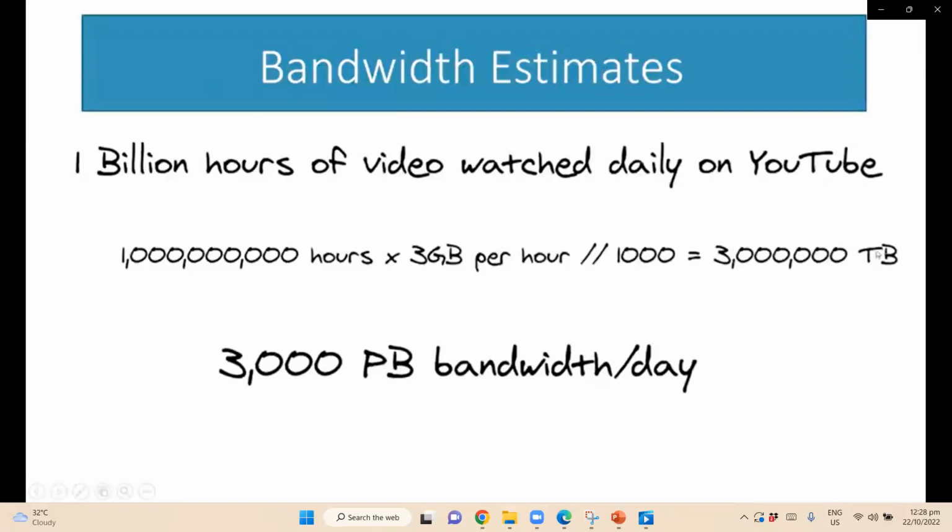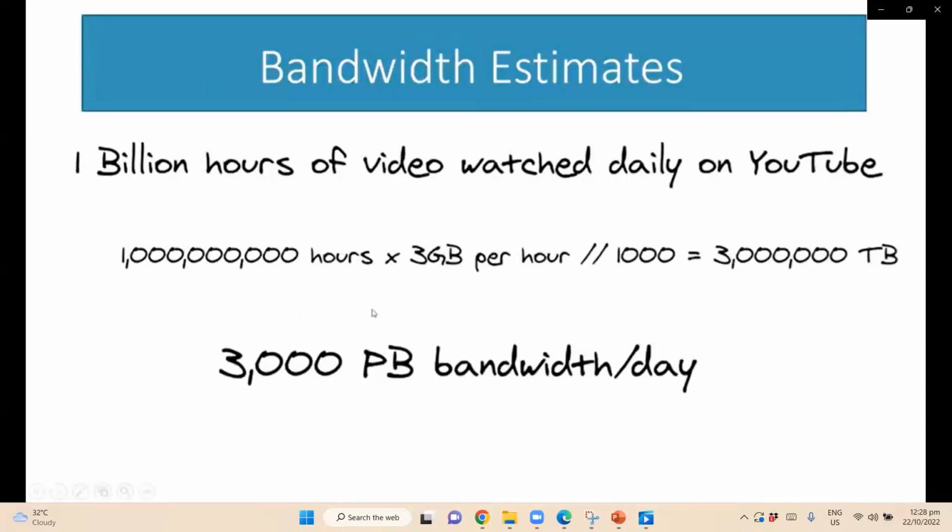You divide that by 1,000 to get 3 million terabytes per day, and then divide that by 1,000, so you're getting 3,000 petabytes in bandwidth used per day for this application. Based on that, you can look at public cloud providers for storage and bandwidth cost, and somewhat estimate the cost to run this application.